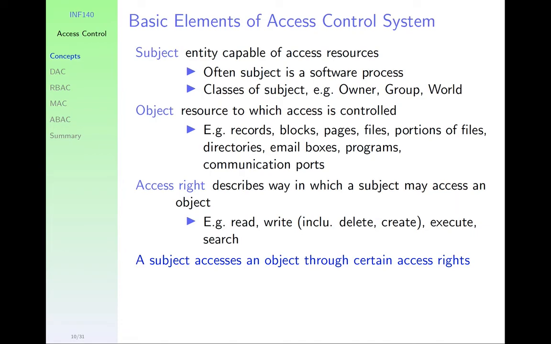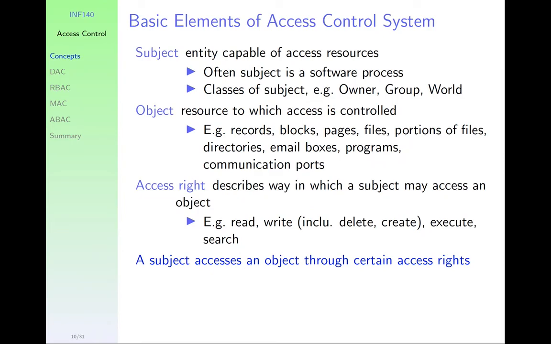There are some basic elements of access control systems. These are the terms that you need to remember, just to make things easier to explain or to communicate with others. In the system, if an entity wants to access some resource, we call this entity the subject. This subject could be a process, a piece of software, or a user in the system.